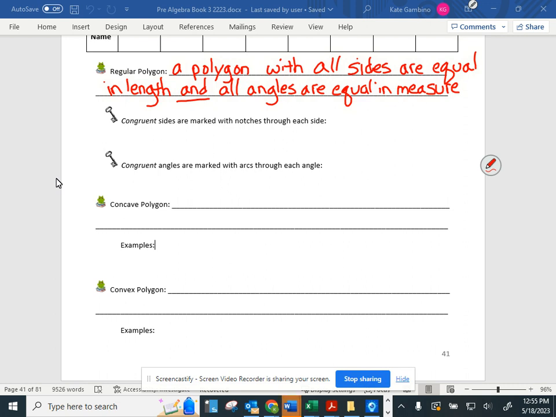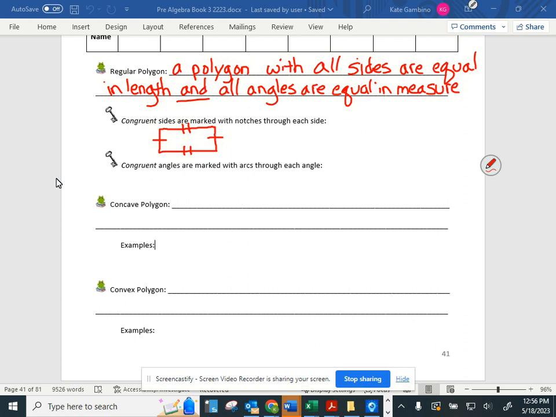Congruent sides are marked with notches through each side. So we have that rectangle. If I have one line here, I'm going to put one line through the side that is congruent with it. These two sides are congruent. So with angles, it's one line or two lines or three that make that curved line for the angle.